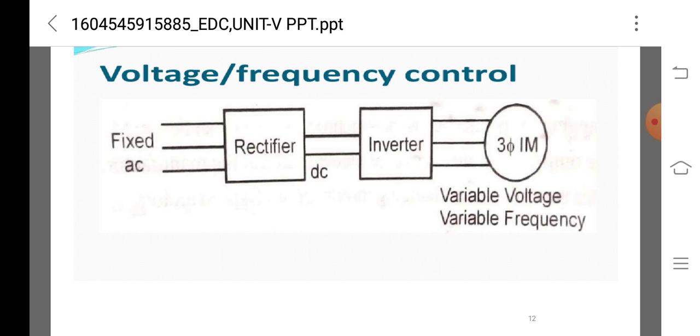The rectifier converts the received fixed AC into DC. The inverter converts the input DC into proper AC. Those two functions work together, controlling the speed by controlling voltage and frequency.